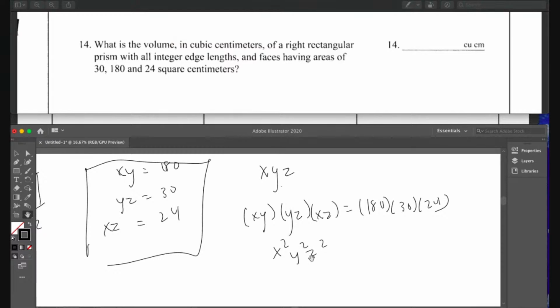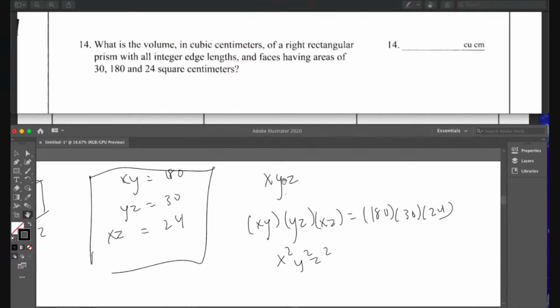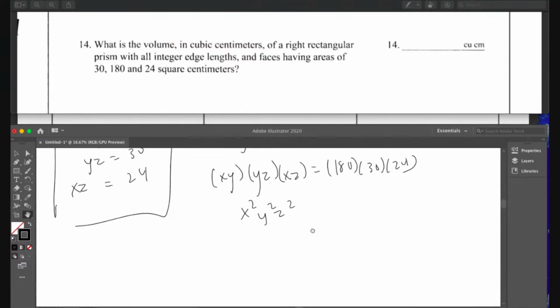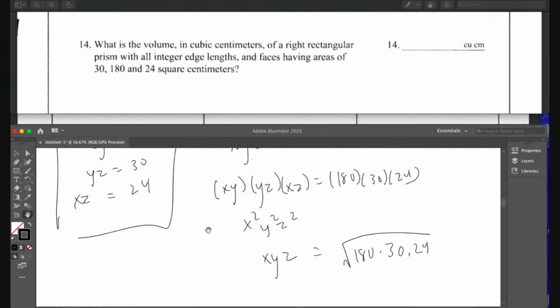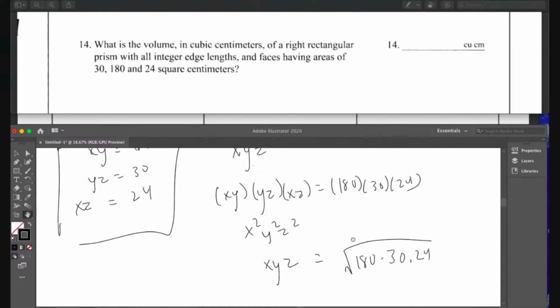This is the exact square of what we want to find. So we just square root both sides, and on the right side we're left with the square root of 180 times 30 times 24. We shortcutted all of this and never had to solve for the variables.